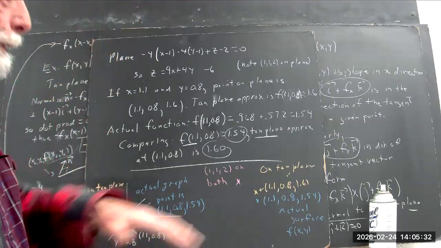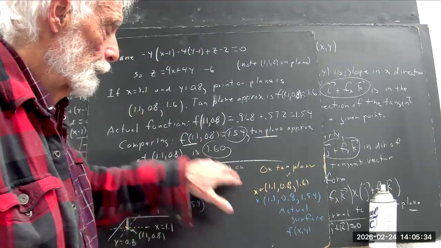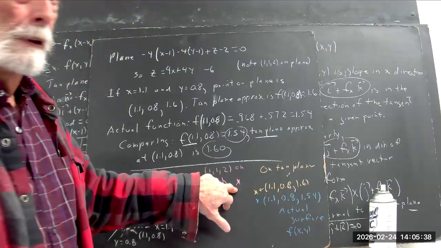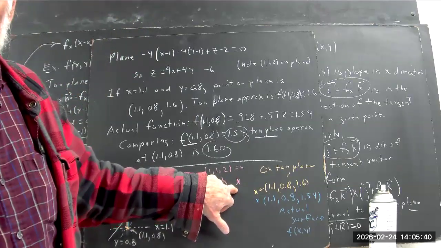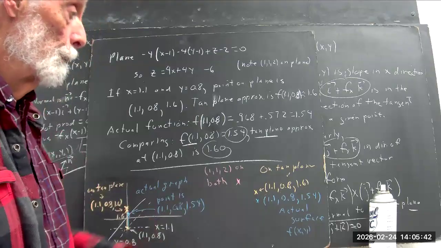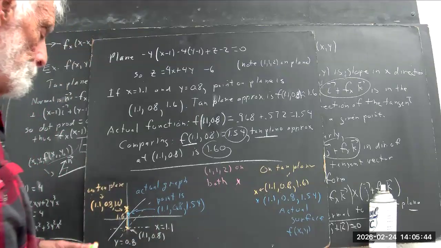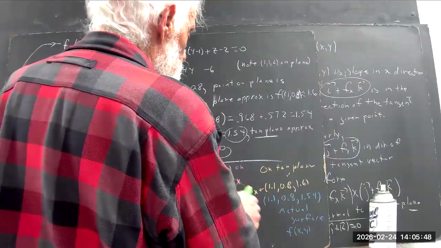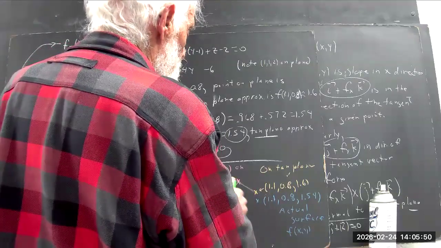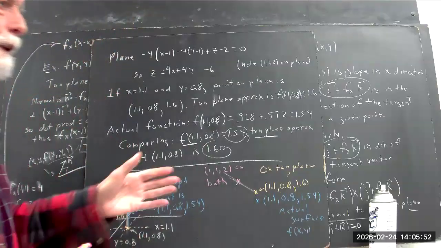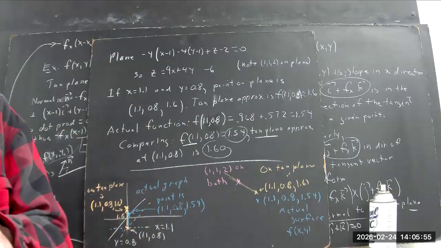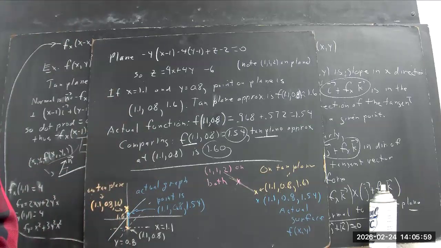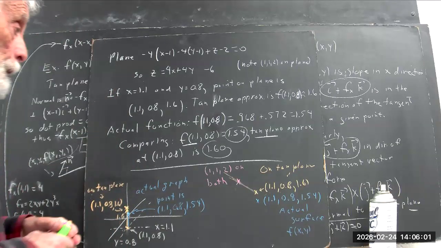Everything is flat and linear from here to here. The tangent plane is just flat from this point on the actual graph over to here. So I'm going to indicate that by saying everything's nice and linear from here to here. Now it's linear in 3 dimensions, so it means there's a normal vector and all that stuff, okay?